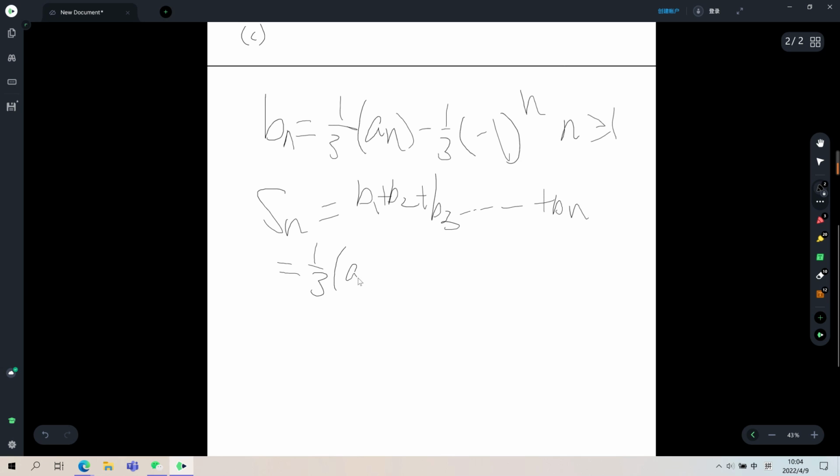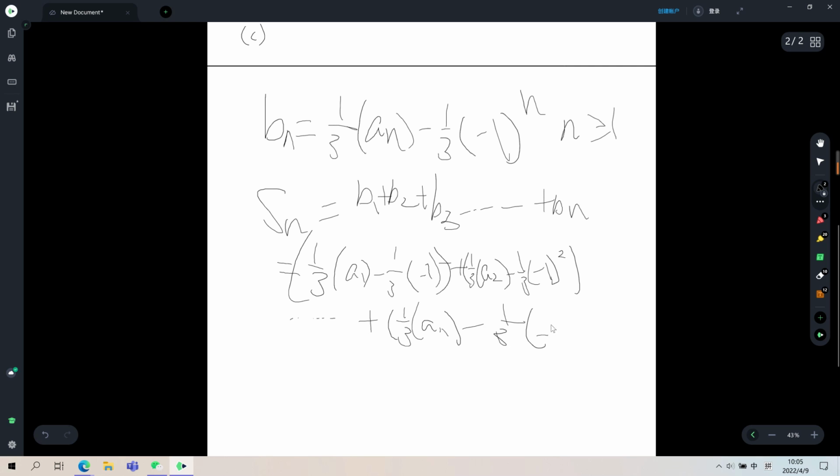1/3 of a1 minus 1/3 of negative 1, plus 1/3 of a2 minus 1/3 of negative 1 to the power of 2, and so on until 1/3 of an minus 1/3 of negative 1 to the power of n.